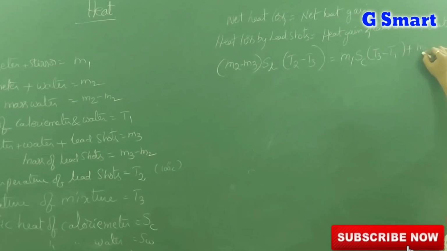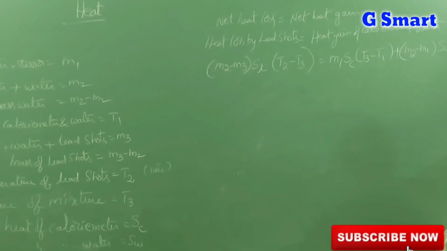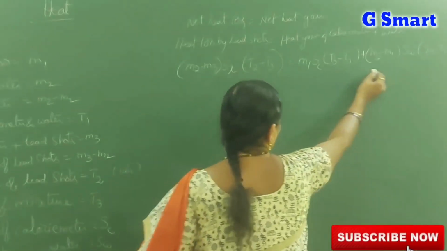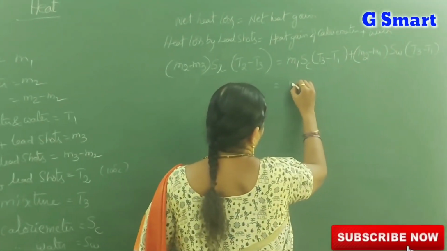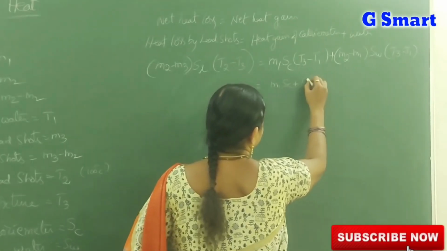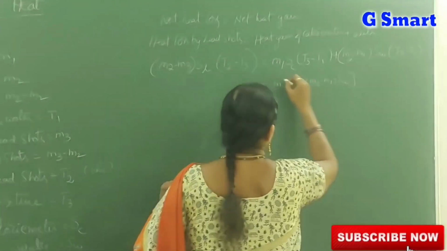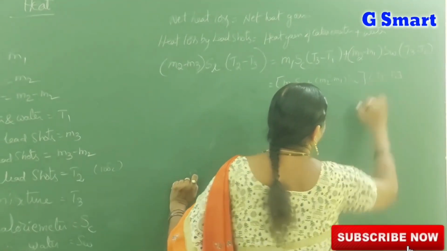Mass of the water M2 minus M1 into specific heat of water SW into temperature difference T3 minus T1. If you observe carefully, T3 minus T1 is common in both. Take that common: M1 SC plus M2 minus M1 into SW, total, into T3 minus T1.